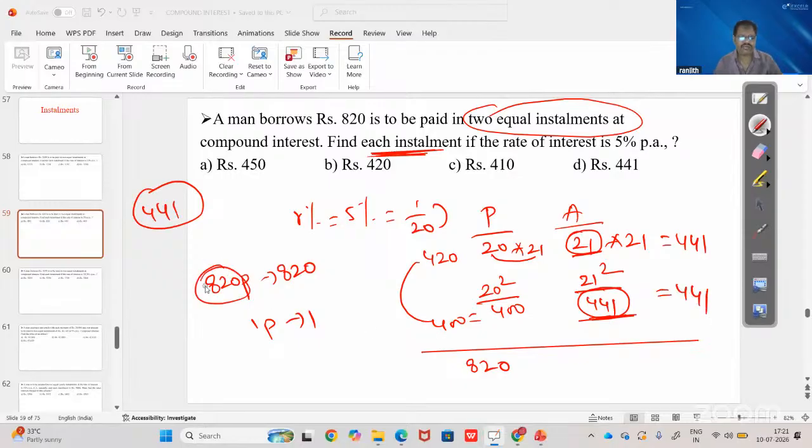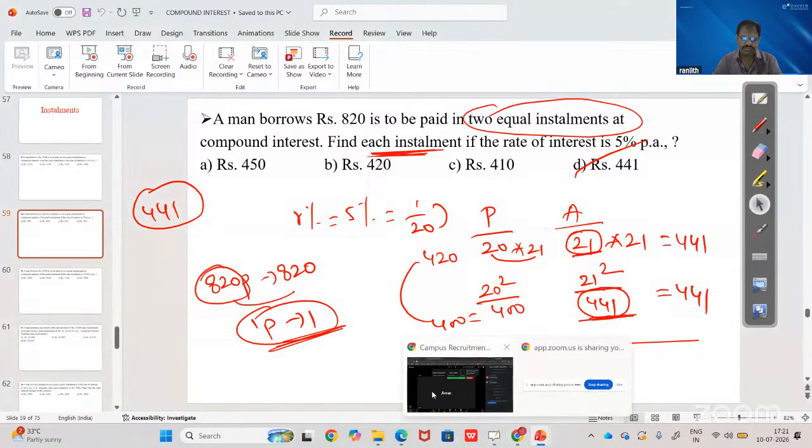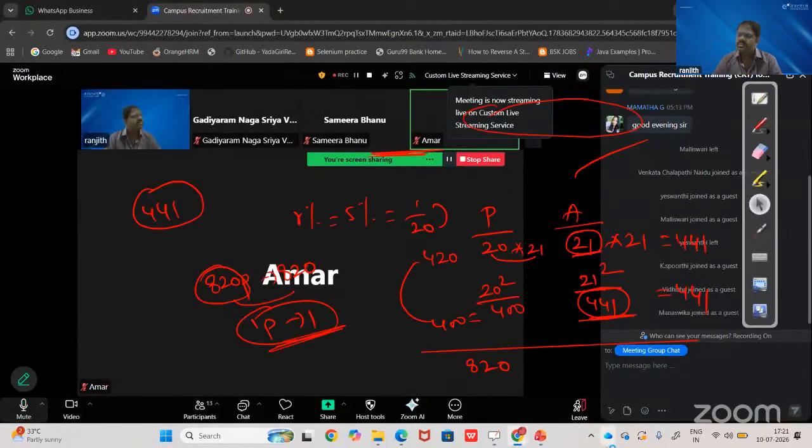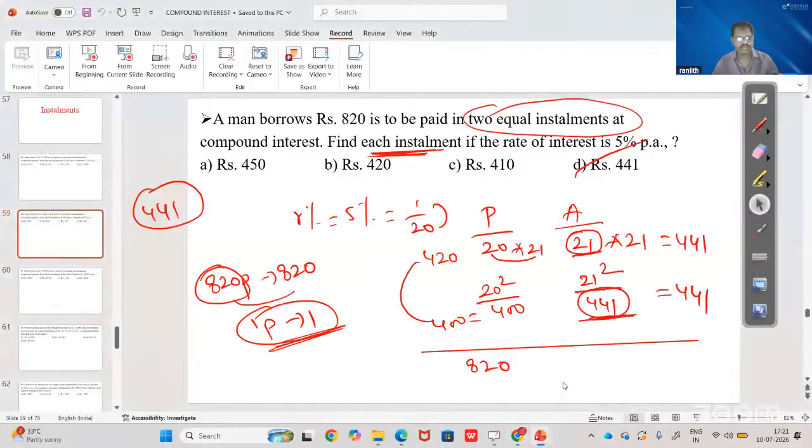So the principal, I'm equating 820 parts to 820, where one part is 1. Next question.